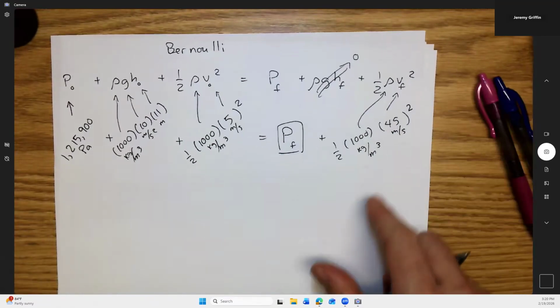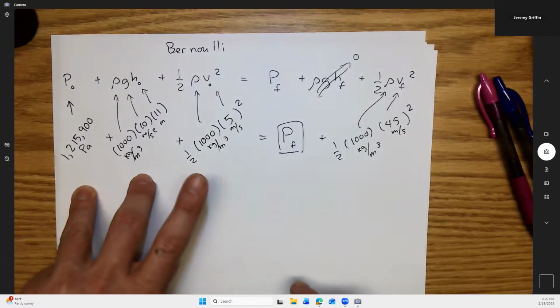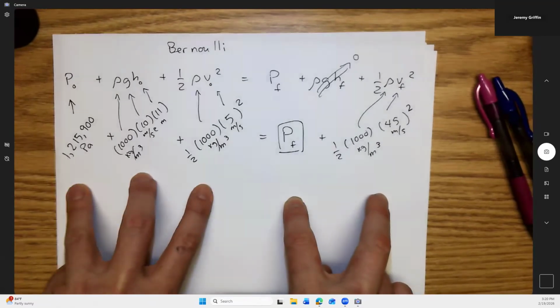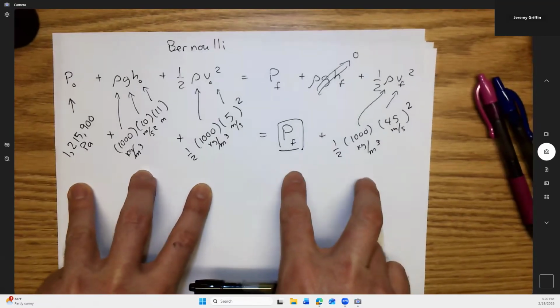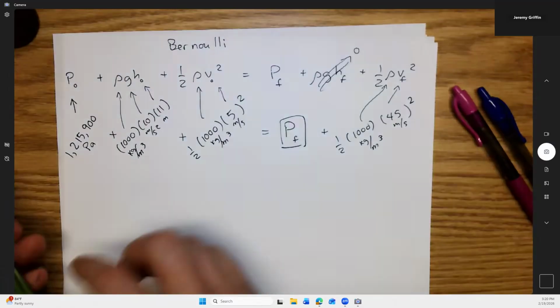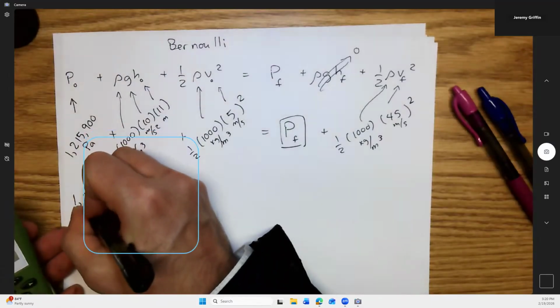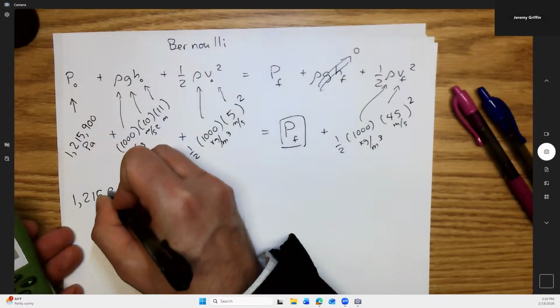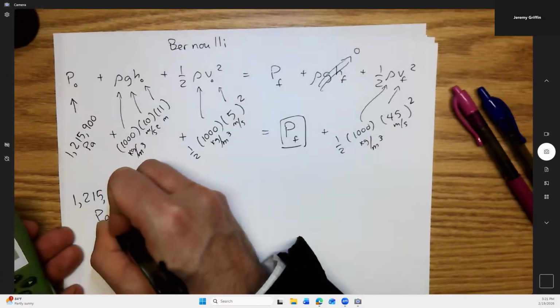Okay, so I have 5 terms, 3 on the left, 2 on the right. We're solving for one of these. So I'm going to plug these one by one into my calculator. Actually, this one I already know: 1.2 million pascals.